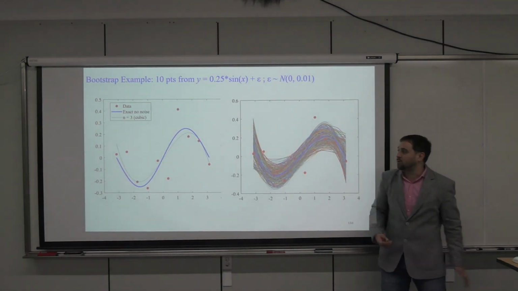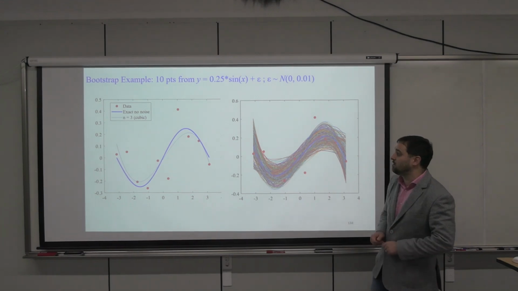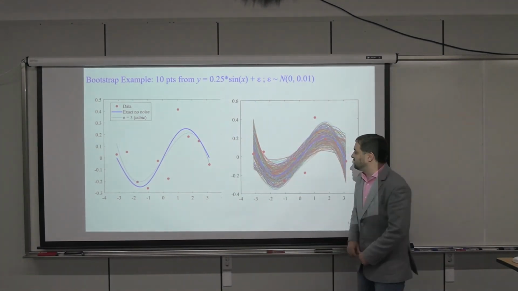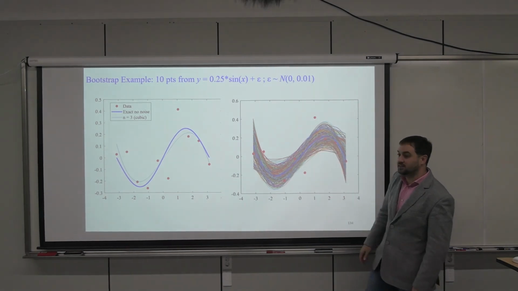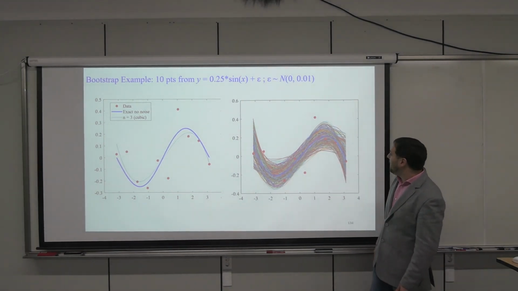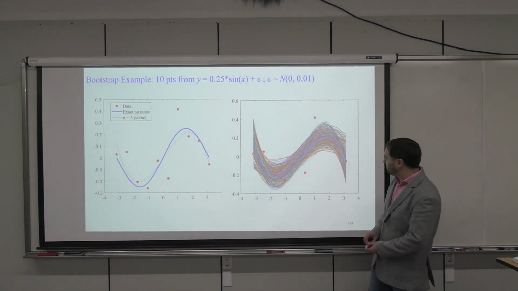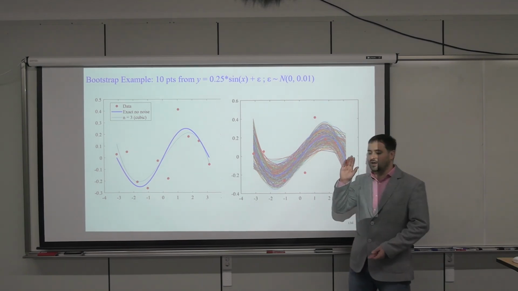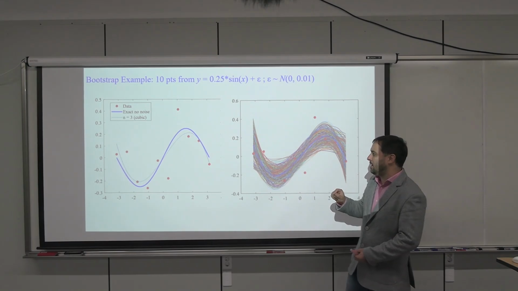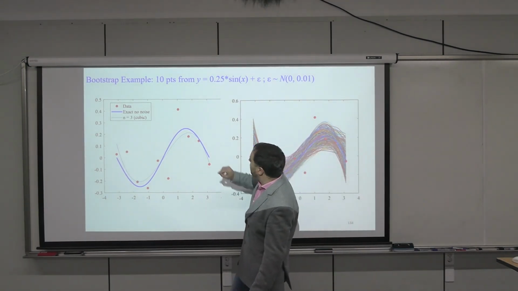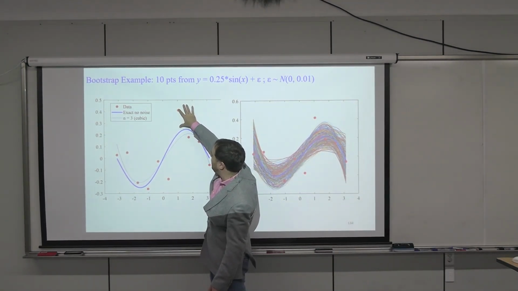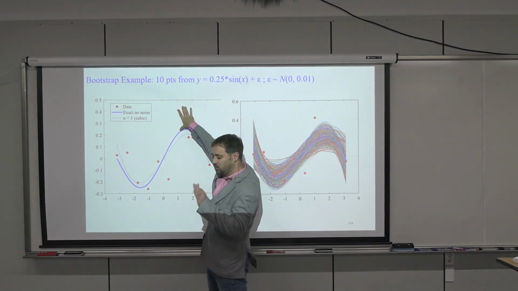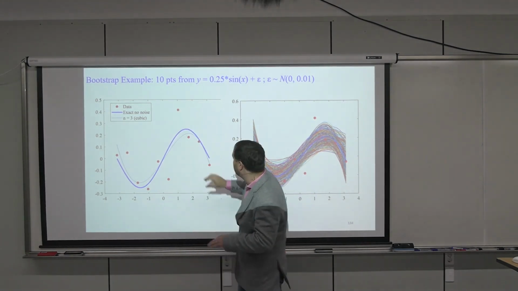Okay, this is probably the more interesting case. This is our 10 points from the sine example problem. So this is the original regression with a cubic fit. We're doing a cubic fit. So these are all the permutations of these 10 residuals. One thing to notice, there is a certain permutation where, for example, this data point here would probably have the largest random noise, or the largest positive residual.